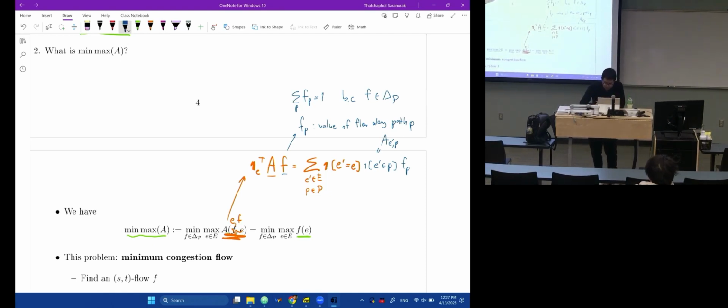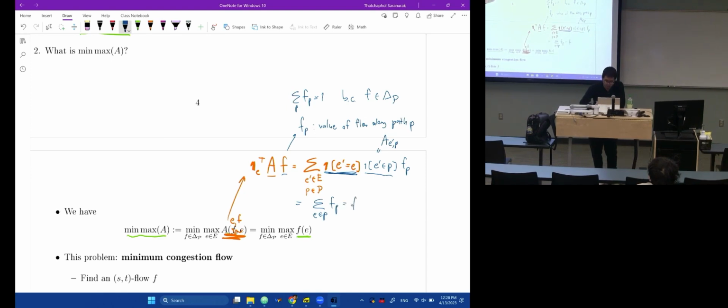And once you have this, it means that you just sum only when E prime is E, right? And only when E prime is in P. So this is just the same as summing over all E in P, FP.